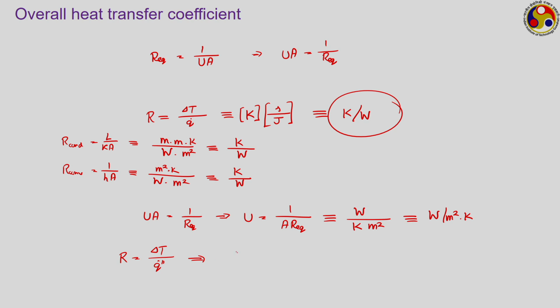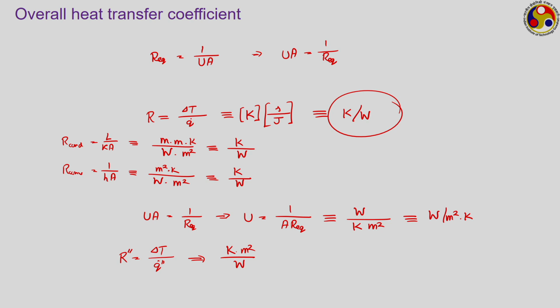In that case, the unit of R will be equal to Kelvin meter square per watt, because heat flux is having a unit of watt per meter square. But this is something that we shall not be doing, but in certain cases, and therefore, to separate them out, occasionally we also put an R double prime to indicate that here the thermal resistance is defined in terms of heat flux.